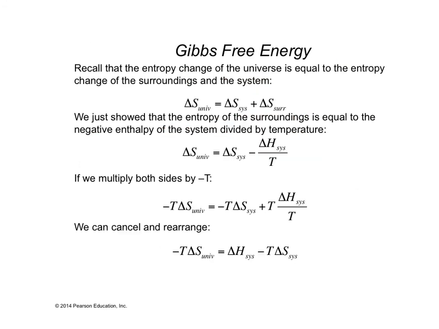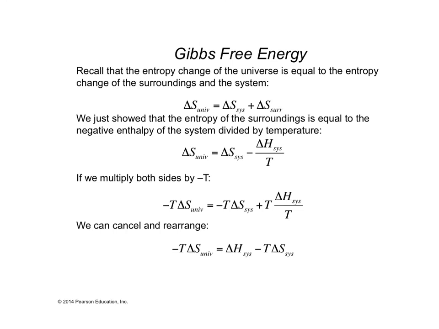Okay, so next, where are we going to move to? Now we have our entropy of the surroundings in terms of the enthalpy of the system. We're going to utilize that. As a reminder, our entropy change of the universe is equal to the sum of the entropy change of the system as well as the surroundings. If we want to know whether or not a process is spontaneous with this equation, we have to be able to measure the surroundings as well as the system, which we usually don't like to do.